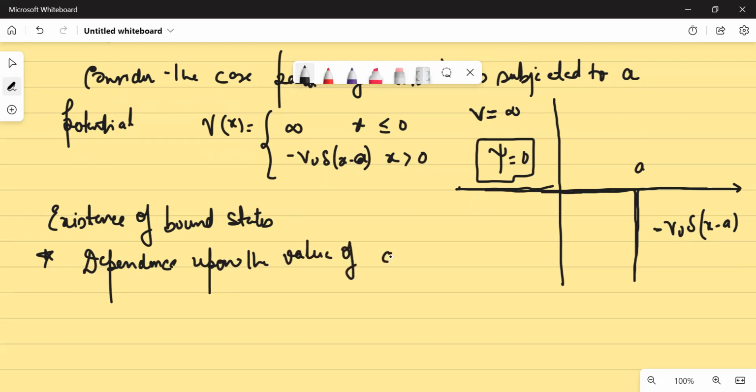That is, only for a certain value of a will there be a possibility of a bound state. So let us see how to approach this particular problem.